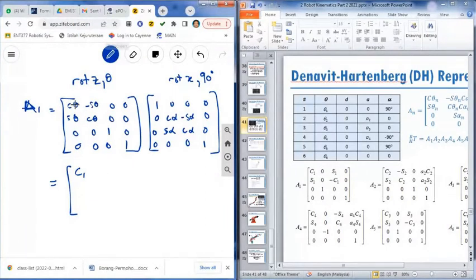Actually, theta they didn't write here because they try to minimize writing on the matrix. So they just put C1. Actually this is theta 1. They just put 1 because they only have one variable, theta. Alpha they got a value. So theta is the variable, they just write cos 1, sin 1.